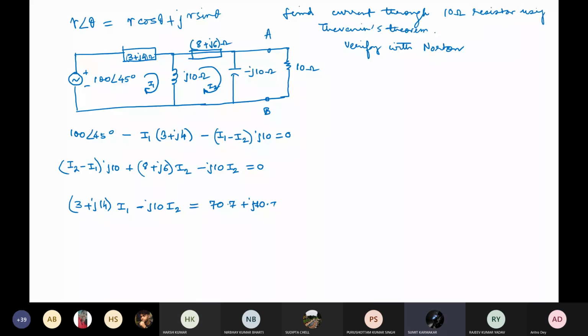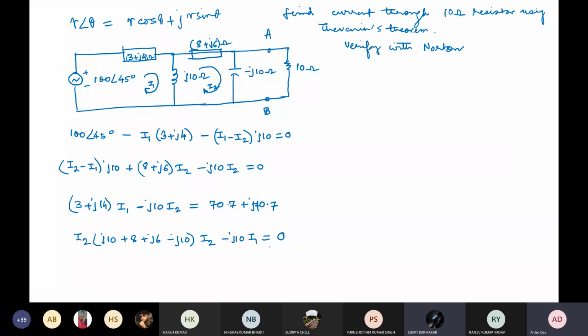Okay, so this is one equation, and the other one here we can write I2 into j10 plus 8 plus j6 minus j10, and minus j10 I1 is equal to 0.